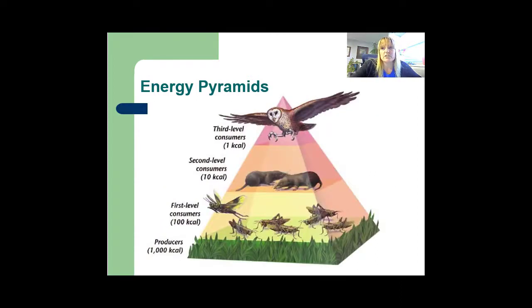So when you look at this in terms of an actual number, so this is an energy pyramid, you're going to actually look at the numbers in calories or joules or some sort of energy unit that is available at each level. So one thing to keep in mind here is that a kilocalorie is what is generally measured when you're talking about energy in food systems.